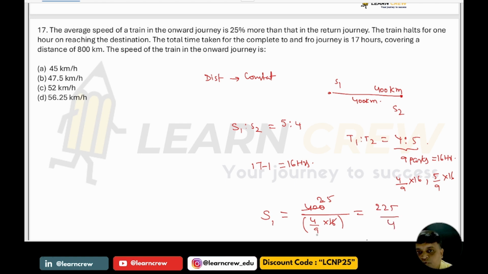So 225 by 4, speed is distance by time, which is 56.25. So the answer is 56.25 km per hour.